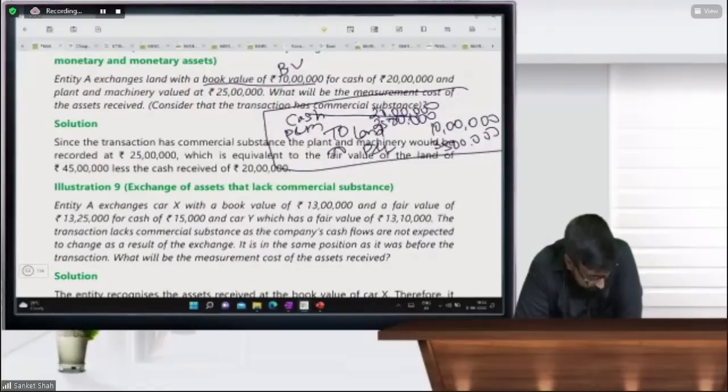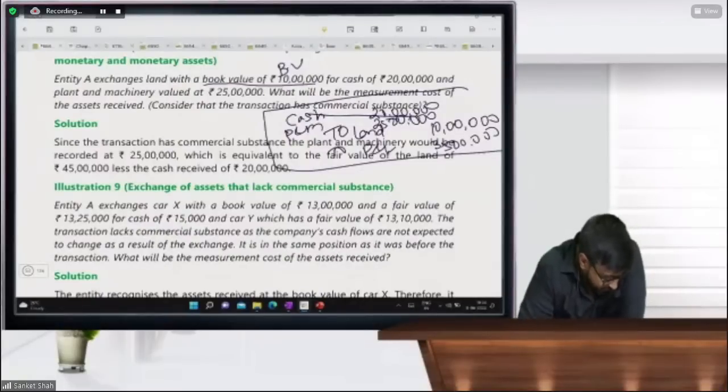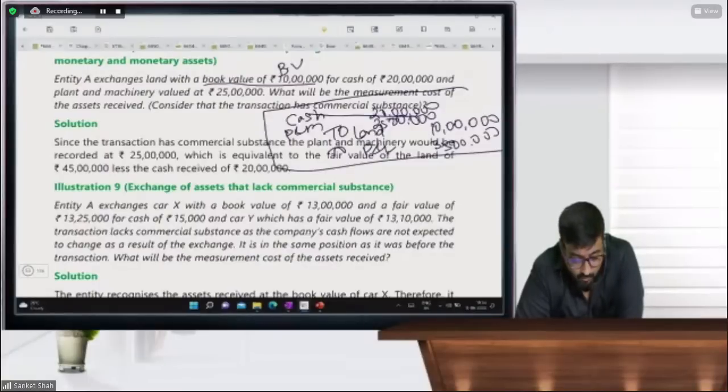Quickly tell me. Yes, Mukta, you are correct. Tricky concept.